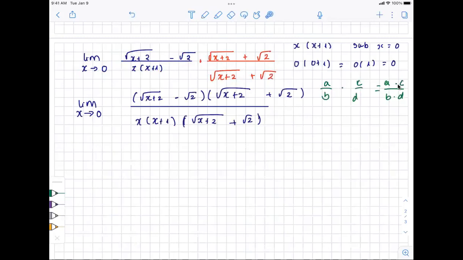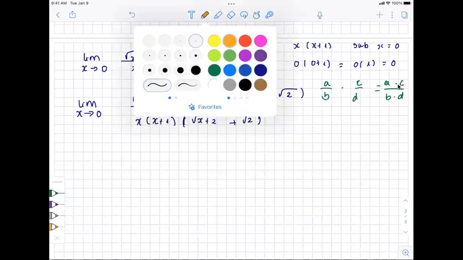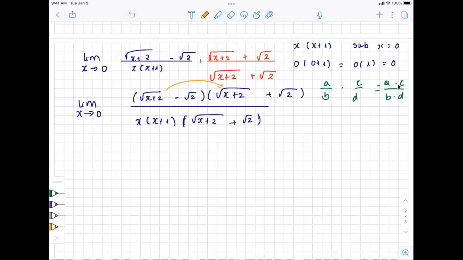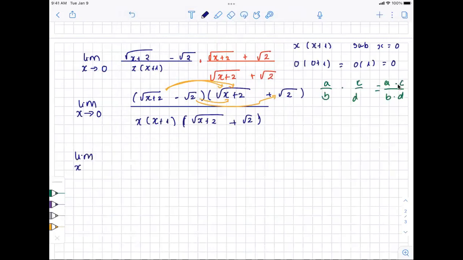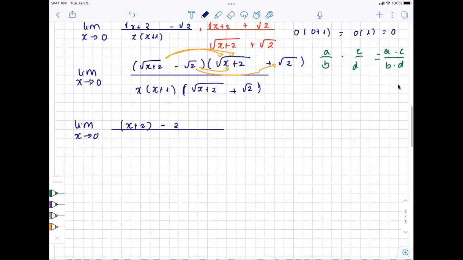Now in the numerator, if you FOIL these out, then you will have the limit as x approaches 0 of x plus 2 minus 2 for the numerator. I'll leave the FOILing for you as practice. And the denominator, I'm going to keep the same for now: x plus 1 times the square root of x plus 2 plus the square root of 2.